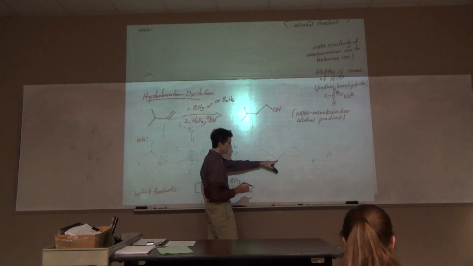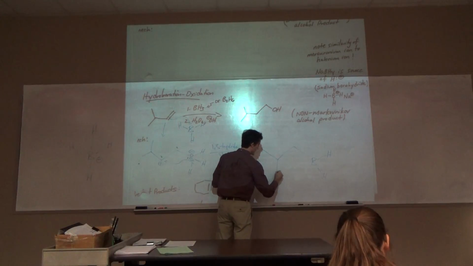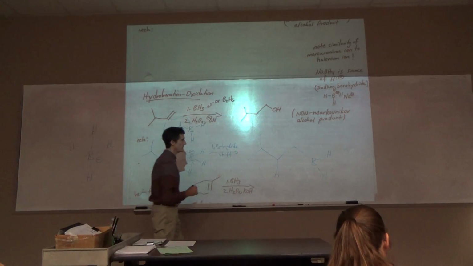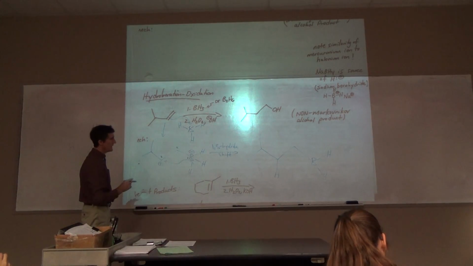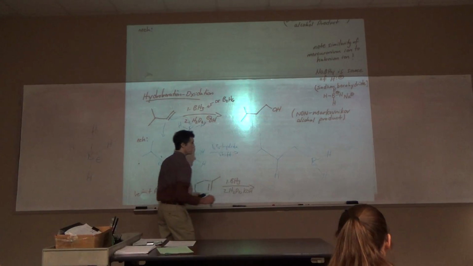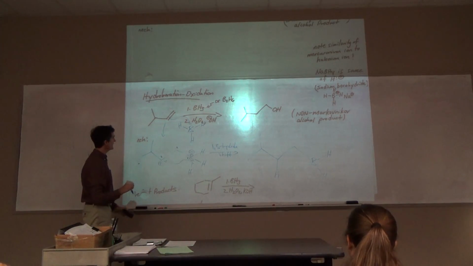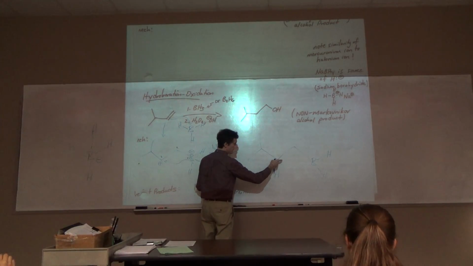What's now on this carbon? It was not over here. That H, I'll draw in the H. And that's it. This carbon is now neutral. You gotta know how many H's are there. How many total H's are on this carbon? 2.